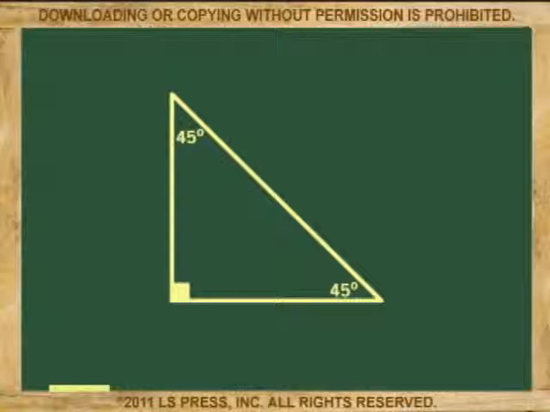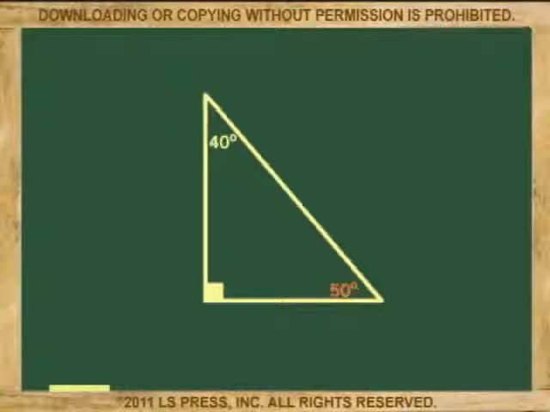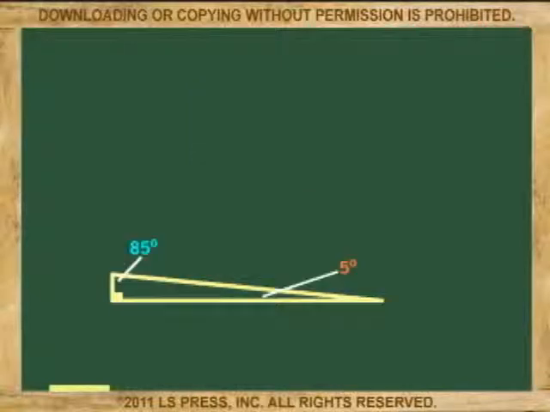For example, if I take a 45-45 right triangle and increase one of the acute angles to 50 degrees, then the other acute angle must decrease to 40 degrees. Therefore, following this line of reasoning, if the triangle remains a right triangle, then when an acute angle is 5, the other acute angle must be 85.